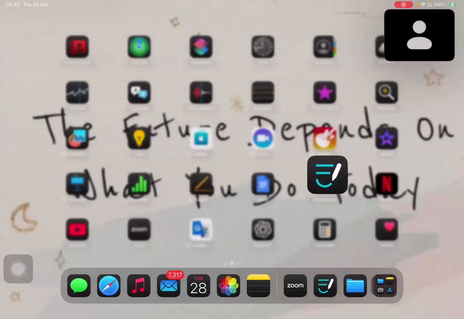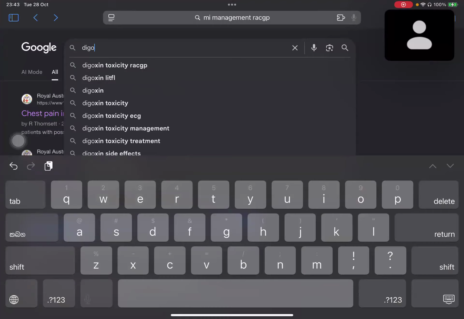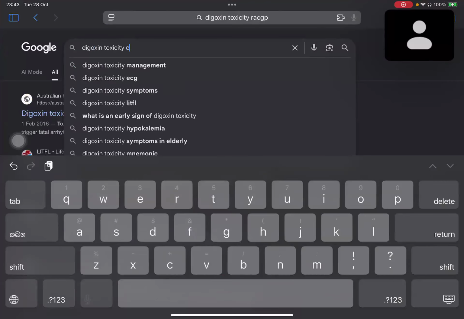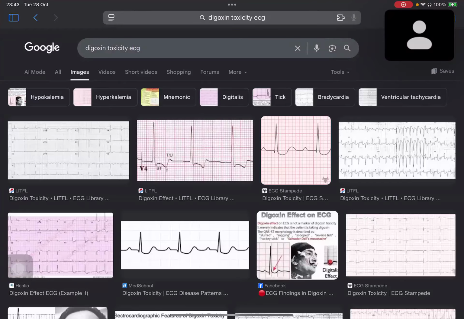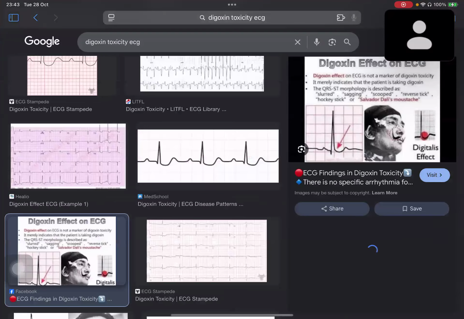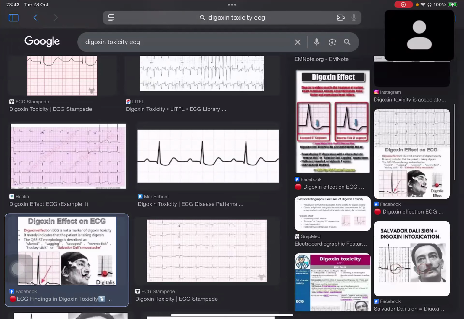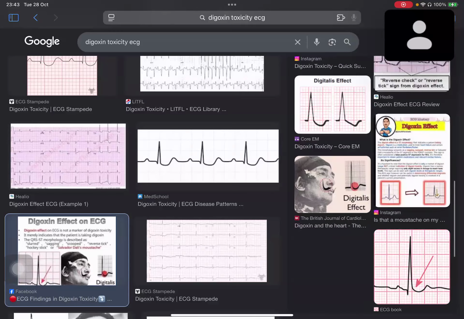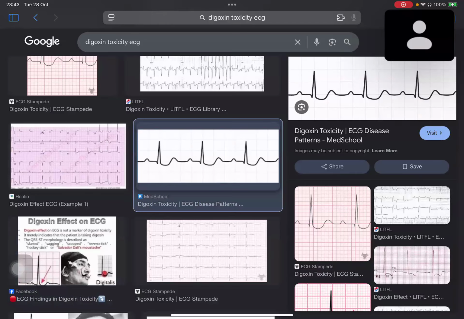I'll just try to find a digoxin toxicity picture for that. It's just a hockey stick appearance.